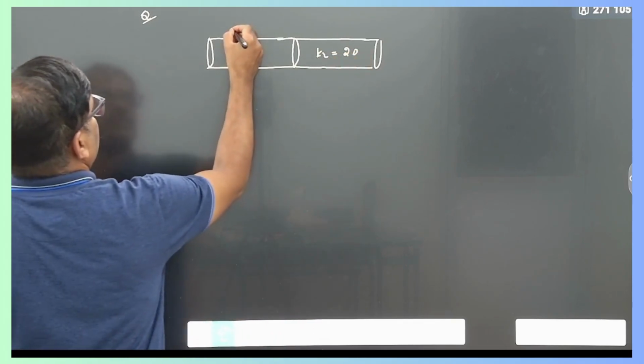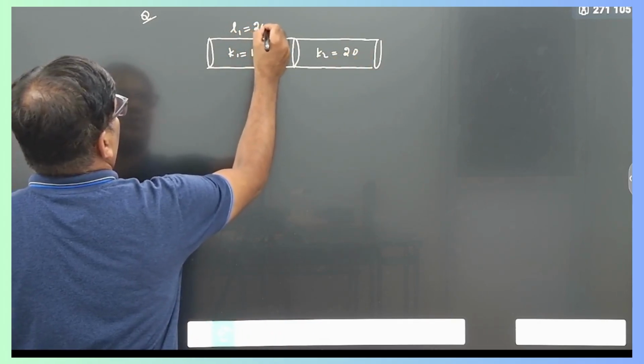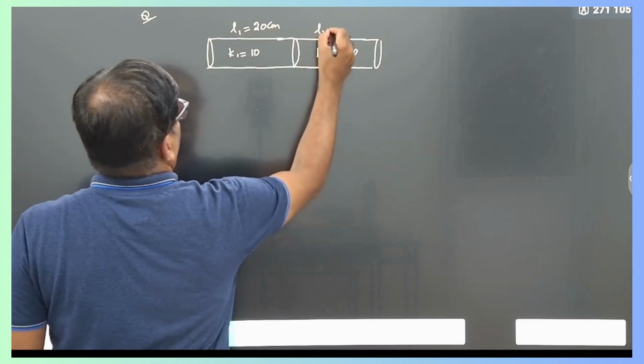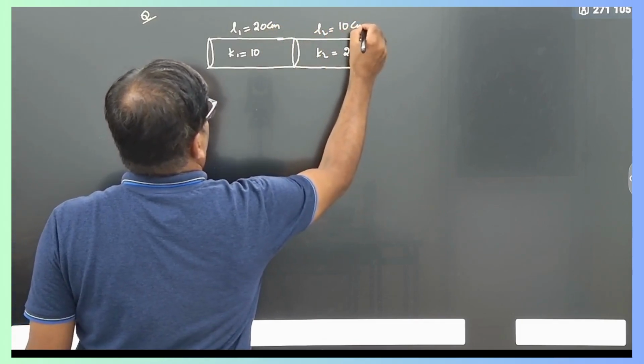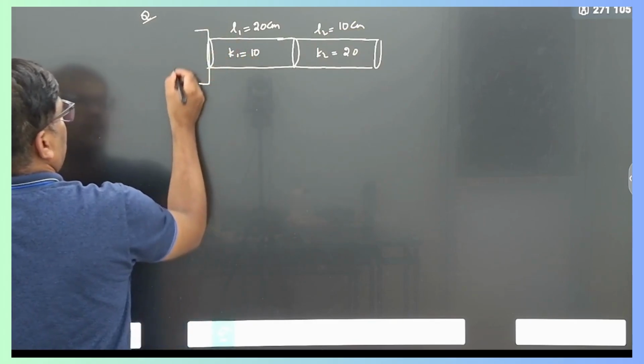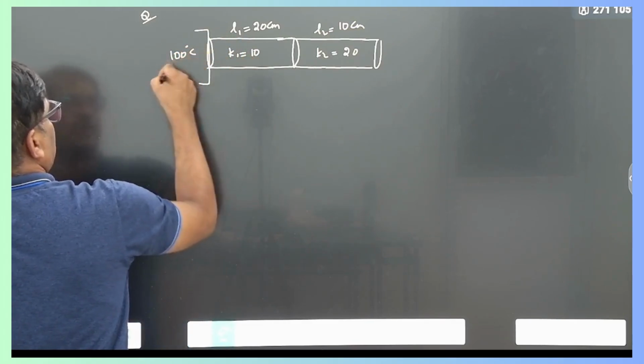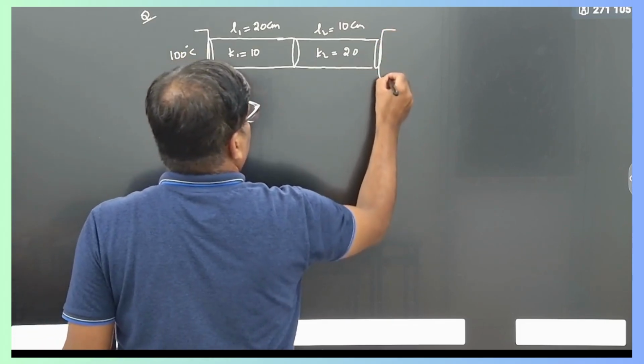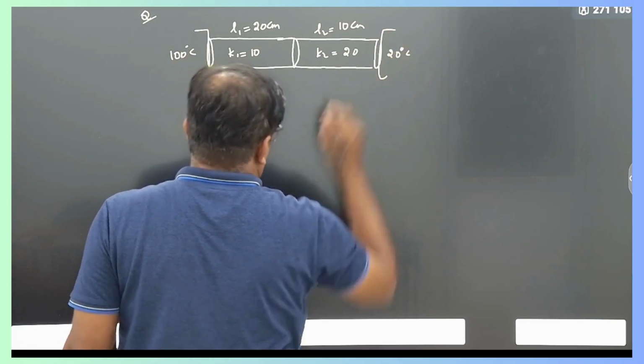Length L1 is equal to 20 centimeter, L2 is equal to 10 centimeter. This side is connected to 100 degrees centigrade, and this side is connected to 20 degrees centigrade.